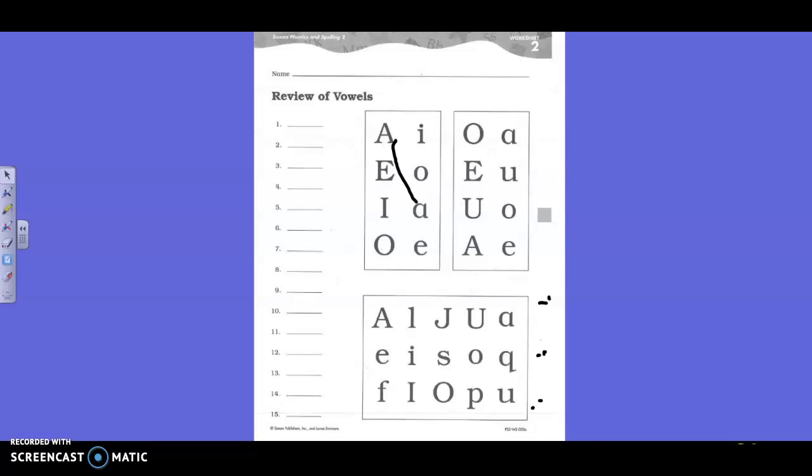Write them on the lines. You can even just think about what the vowels are and do all the lowercase letters of them. It doesn't matter about the order. So we're done with 1 through 15.